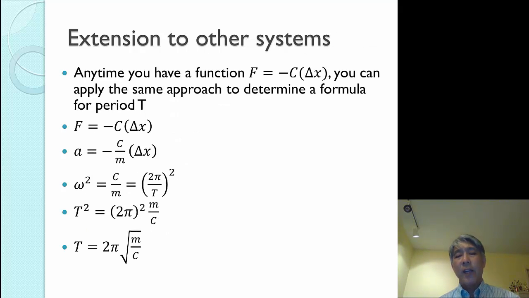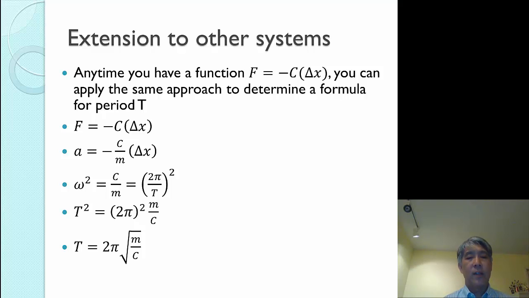And so I can extend this to other systems. The same approach can be applied to other systems as long as I have a function that says force is equal to some minus constant coefficient c times delta x. I calculate my acceleration: acceleration is equal to minus c over m, whatever that constant c happens to be, times delta x.